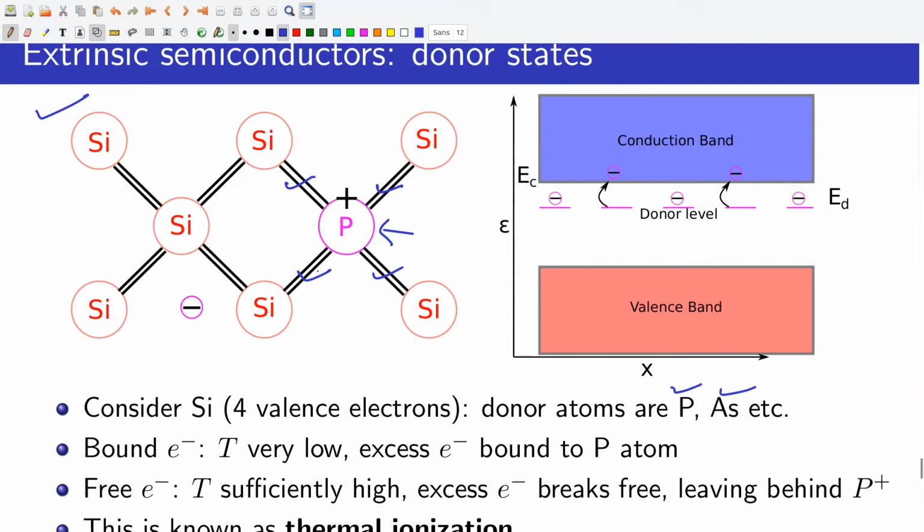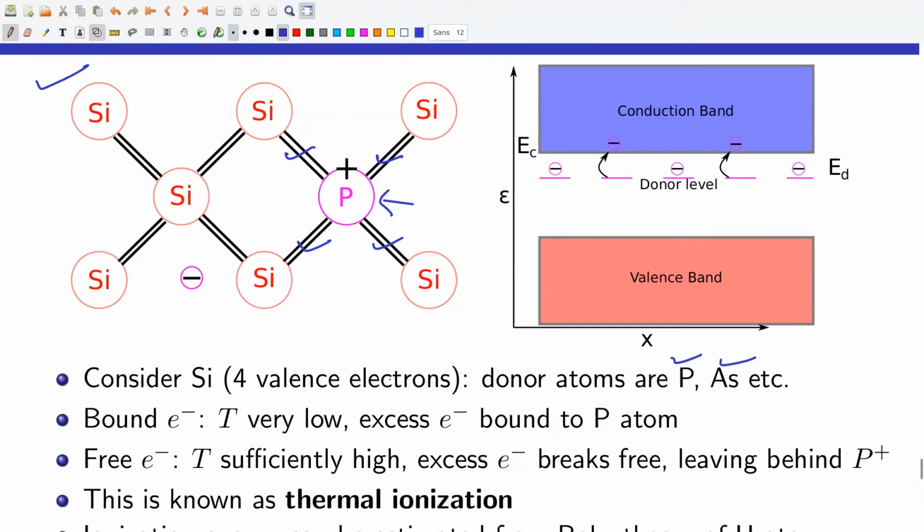The pentavalent impurity is called a donor because it can donate the leftover electron, which can be excited to the conduction band and take part in the electrical conduction process. At very low temperature, the excess electron remains bound to the phosphorus atom.